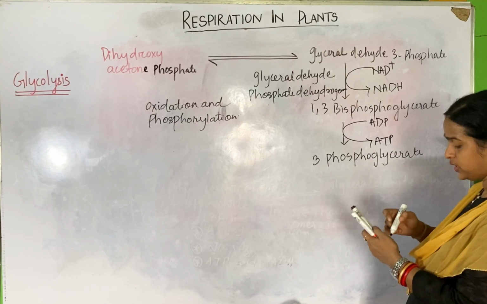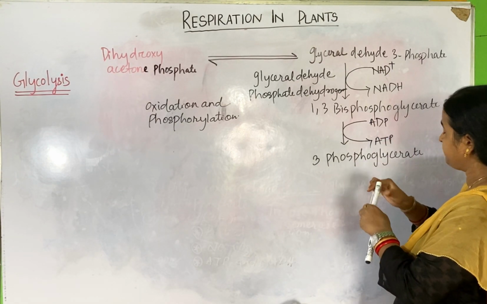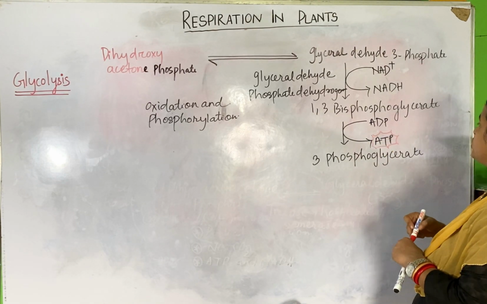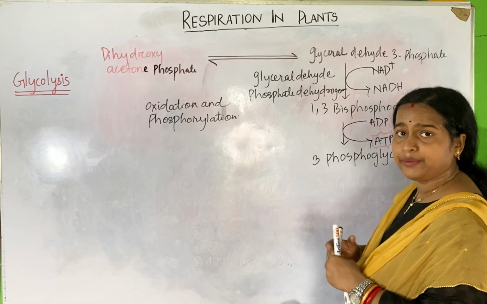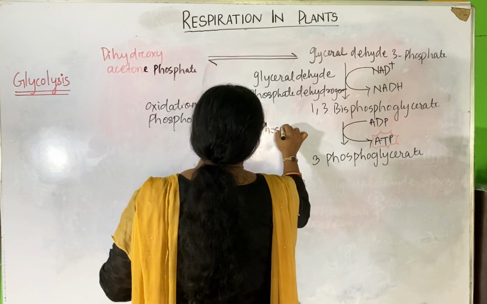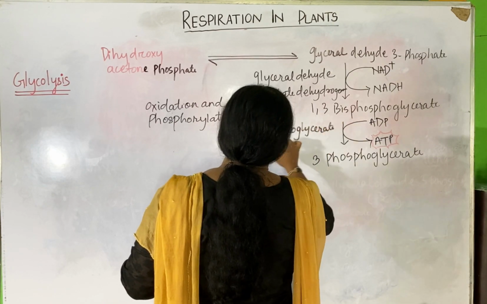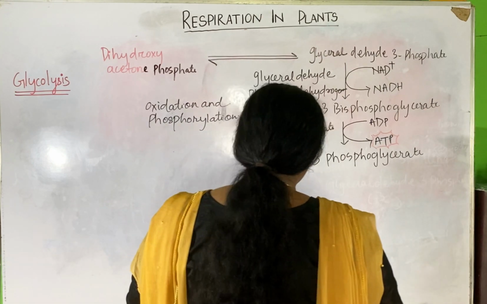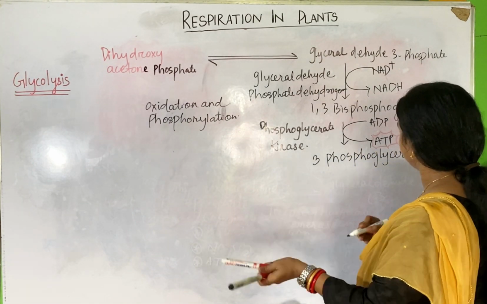So it is the first energy producing stage. So now we will get the ATP, and the enzyme that is required for this conversion is phosphoglycerate kinase. And this is a reversible reaction.